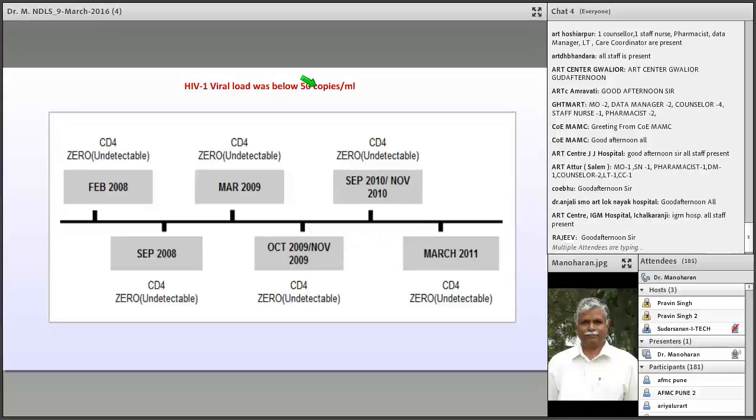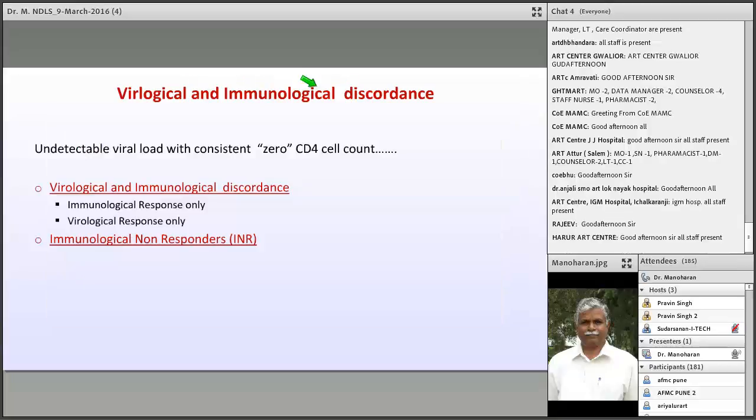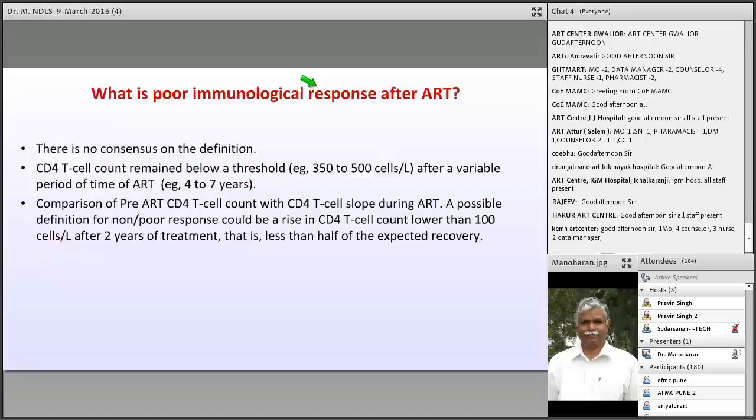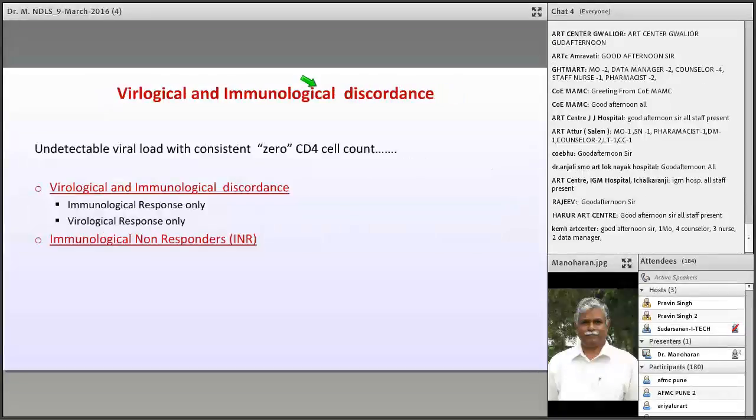So this is a classical case of virological immunological discordance, and though in this case the CD4 count is 0 consistently, usually we get a lower level of improvement as far as the immunological profile is concerned in spite of virological suppression. So this is what is called immunological non-responder or a virological responder.